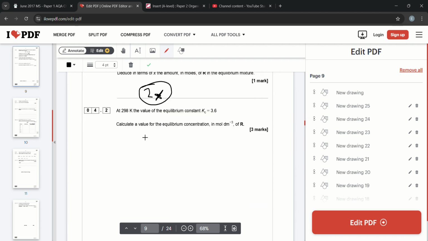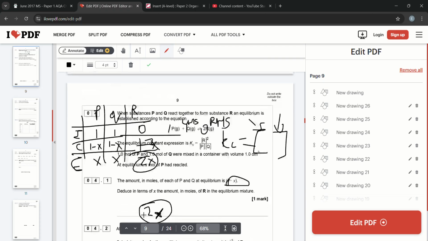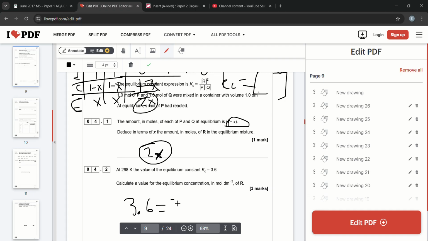4.2, at 298 Kelvin, the equilibrium constant Kc is 3.6. So we get 3.6 is equal to [R] squared, 2X squared.